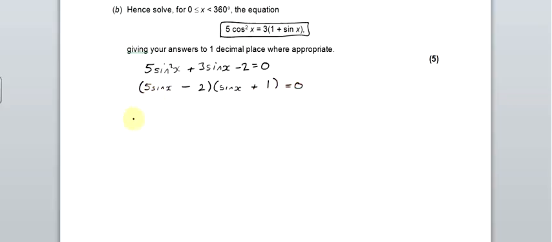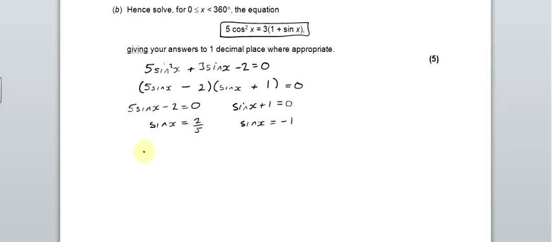So this bracket here, 5 sine x minus 2 equals 0. That rearranges to sine x is equal to 2/5, and this one here, sine x plus 1 equals 0, which means that sine x is equal to -1.